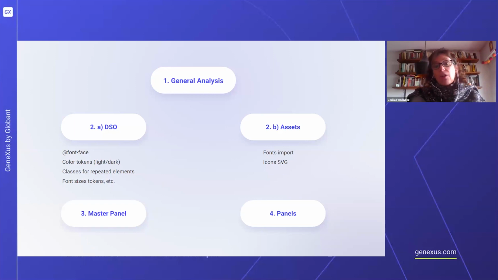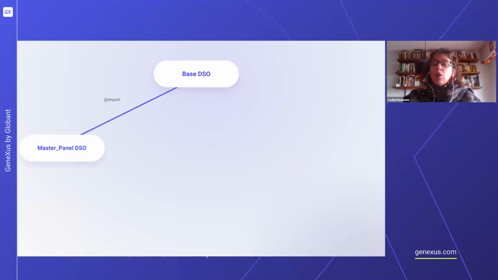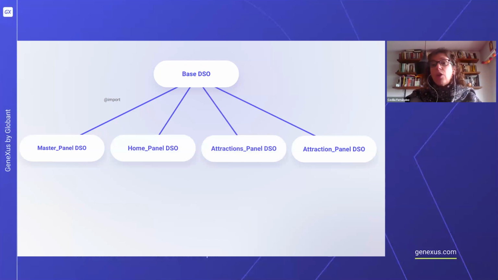And something else that we discussed together with Nico, and something that he suggested, is to have a basic DSO as the one we saw, with all the aspects that we identified in the first two steps, and then after that, to build a DSO for each of the panels to be implemented. So for instance, we can create a master panel that imports the basic DSO, it adds all the specific tokens or classes for that object, and the same thing for each of the panels.